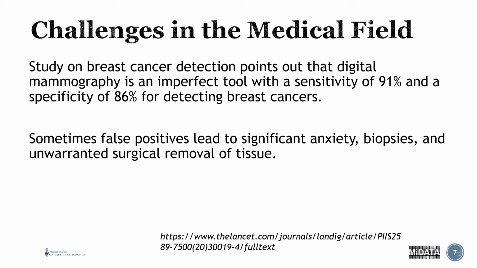And so, though this is great, in terms of a higher sensitivity, that's fantastic. The lower specificity implies that you're going to have more false positives, and that's not really acceptable.